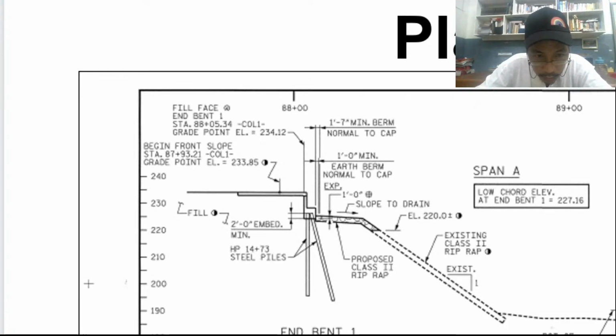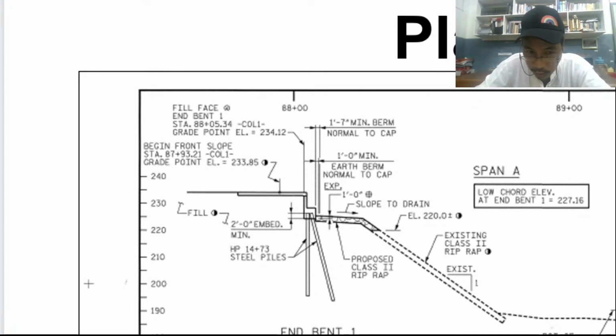Class 2 is about 18 inches to 26 inches. Class 1 is about 12 inches to 18 inches. Okay. 12 inches to 18 inches, that is the size of the stone. 18 inches to 26 inches, that is the size of the stone, and that is class 2.